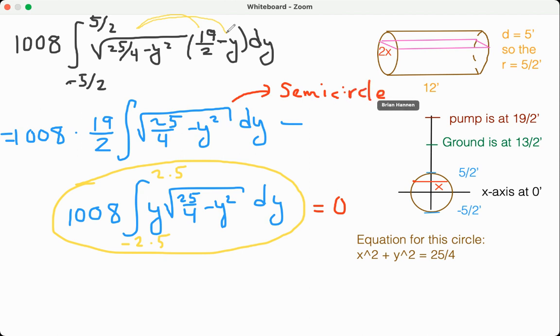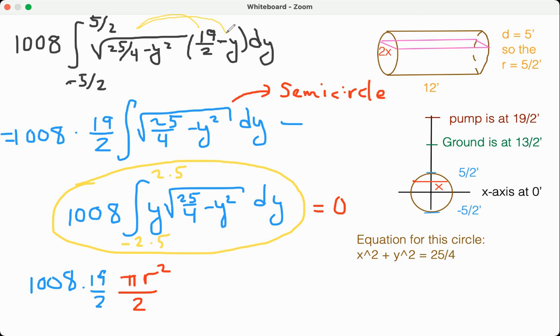Instead of integrating in some hard way, can't we just say a semicircle is pi r squared divided by 2? Yeah, I know. We have this other stuff in front. We had like 1008, and we had a 19 halves. But essentially, we're looking at this.